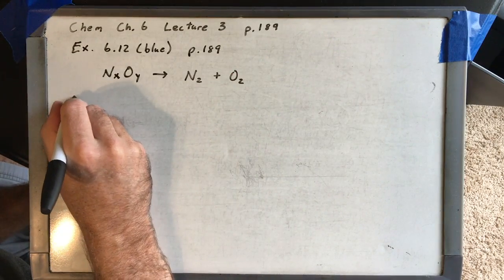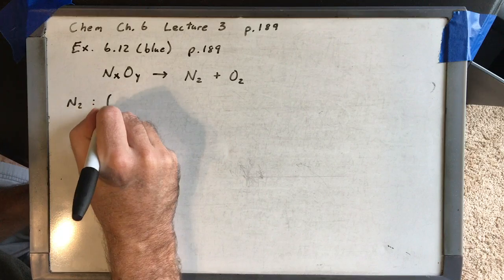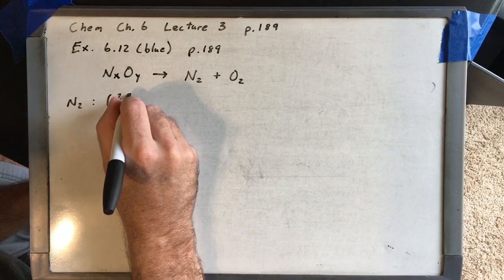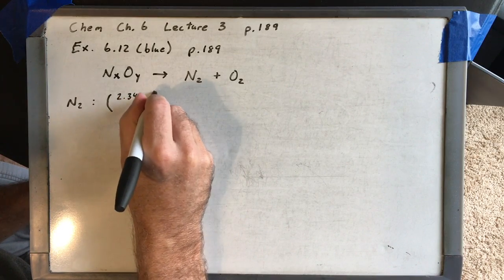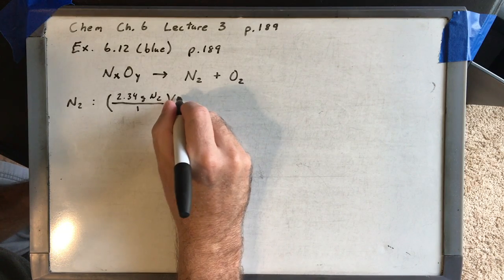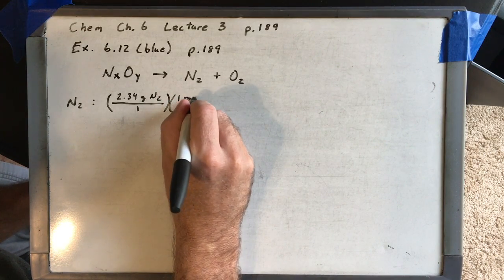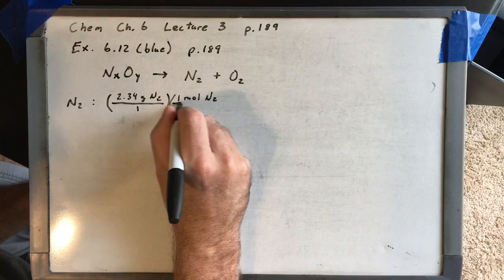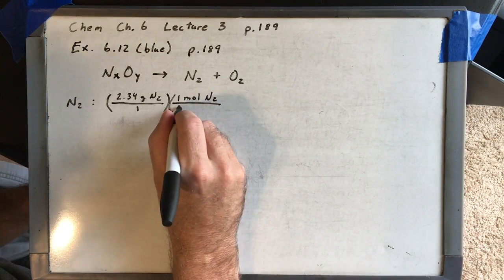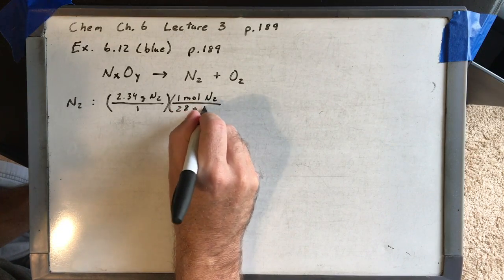All right, let's check out N2 and see how many moles. So this comes directly from the problem. It says we have 2.34 grams of N2. So put that over 1. We've got to change that to moles so we can get our coefficient. So 1 mole of N2. Nitrogen weighs 14, so 2 times 14 is 28 grams.